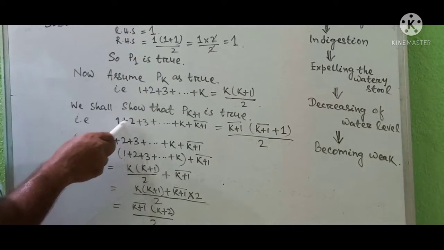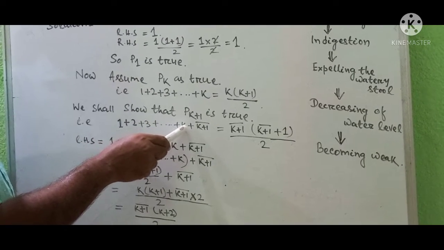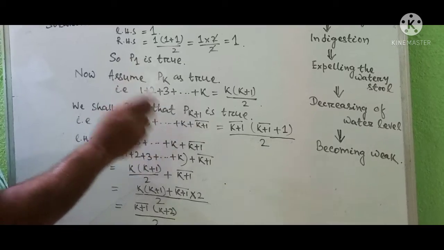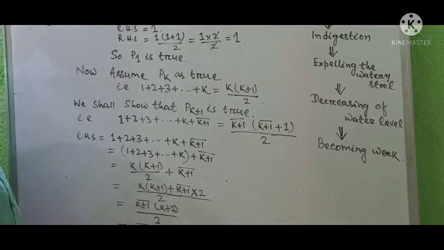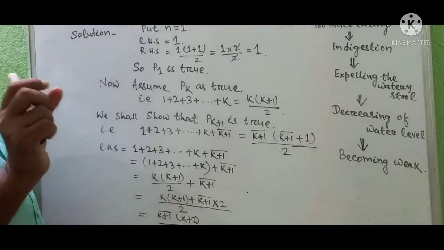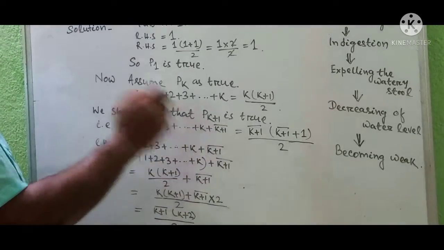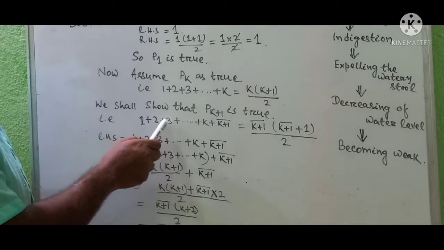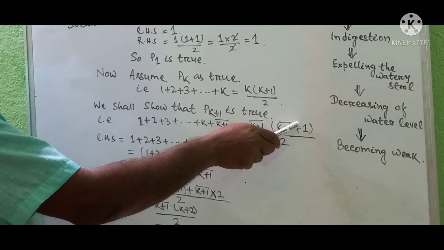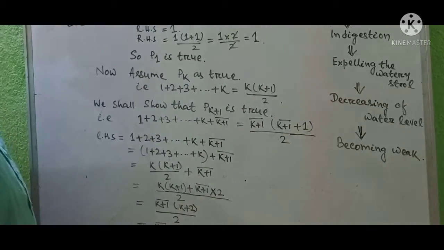That is 1+2+3+...+(k+1) = (k+1)(k+1+1)/2. Here I have given a bar to convey that k+1 is a single term.